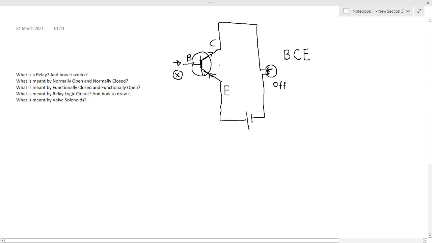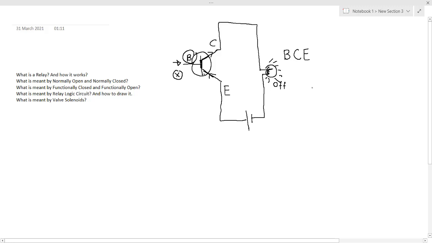Because of this, the entire circuit now becomes closed. In electrical, closed means on and open means off, right? This you should know. So what happens when the circuit gets closed? The current starts flowing and the bulb starts glowing. So basically what are we doing? We are controlling the current that is sent to the base.